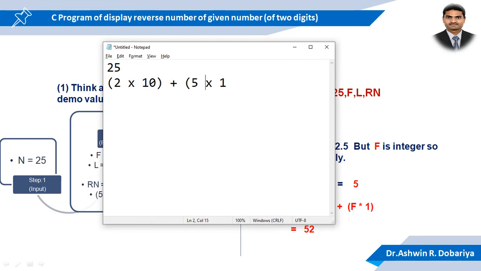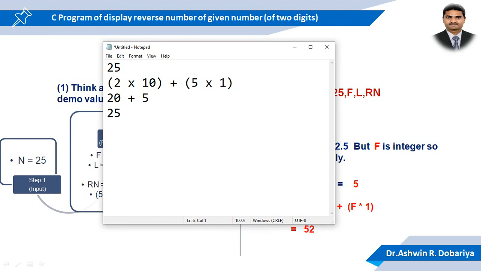So what we have done here is first separate these two digits, and the first digit is multiplied by 1 and the second digit by 10. Elaborating, 2 multiplied by 10 means 20, 20 plus 5, so it becomes 25.